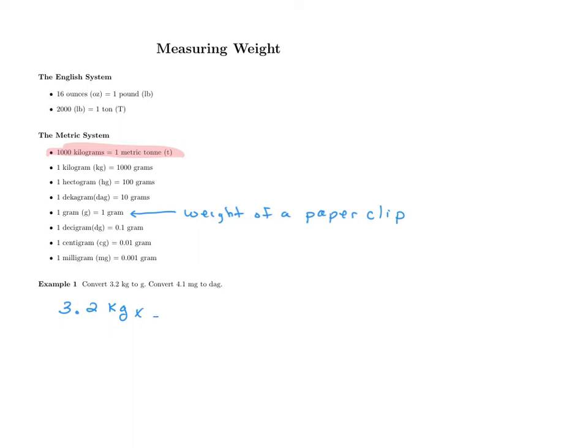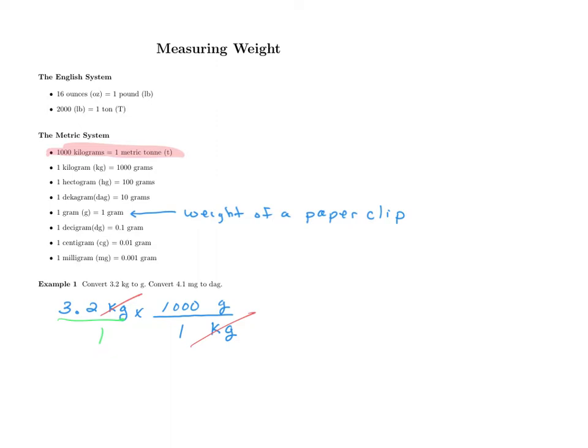Dimensional analysis says you have to set up a fraction with kilograms in the denominator and grams in the numerator. For every 1 kilogram, there is 1,000 grams. Again, I'll set it up so the first thing here is a fraction. We can cancel the kilograms, and all that's left over is 3.2 times 1,000 with our unit of grams.